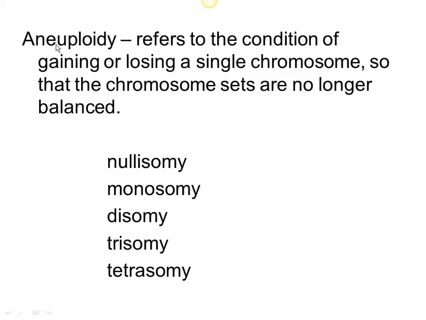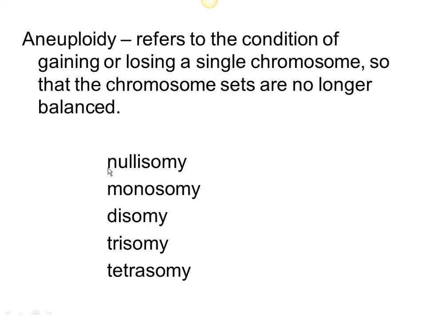So if euploidy means complete balanced sets of chromosomes, then aneuploidy refers to not complete balanced sets of chromosomes. Specifically, it's the case where a cell has either an extra chromosome of a certain type or is missing a chromosome of a certain type. But it sets the whole set of chromosomes out of balance.